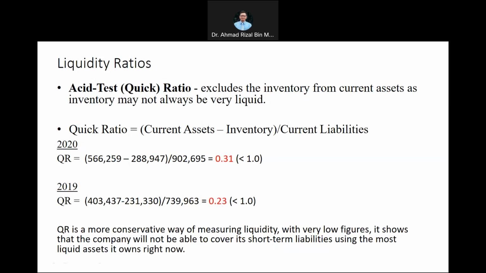So of course, the ratio, in this case the quick ratio, would be very much lower. It was 0.31 in 2020 and 0.23 in 2019. So of course, using this more conservative liquidity ratio, it is much lower, right?